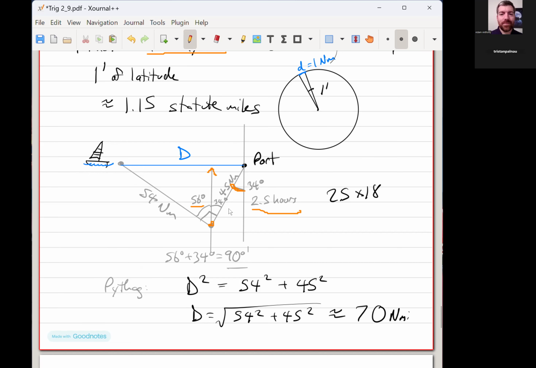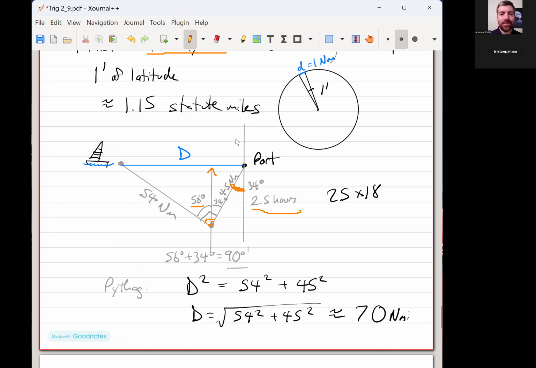Anyway, there we go. Okay. You can see a triangle is formed. We're interested in the distance back to port. So that's just drawing a point from the boat back to the port. And 56 and 34, right, happen to be on this angle here. And that 34 and this 34 are the same because you've got the alternate interior angles, right?